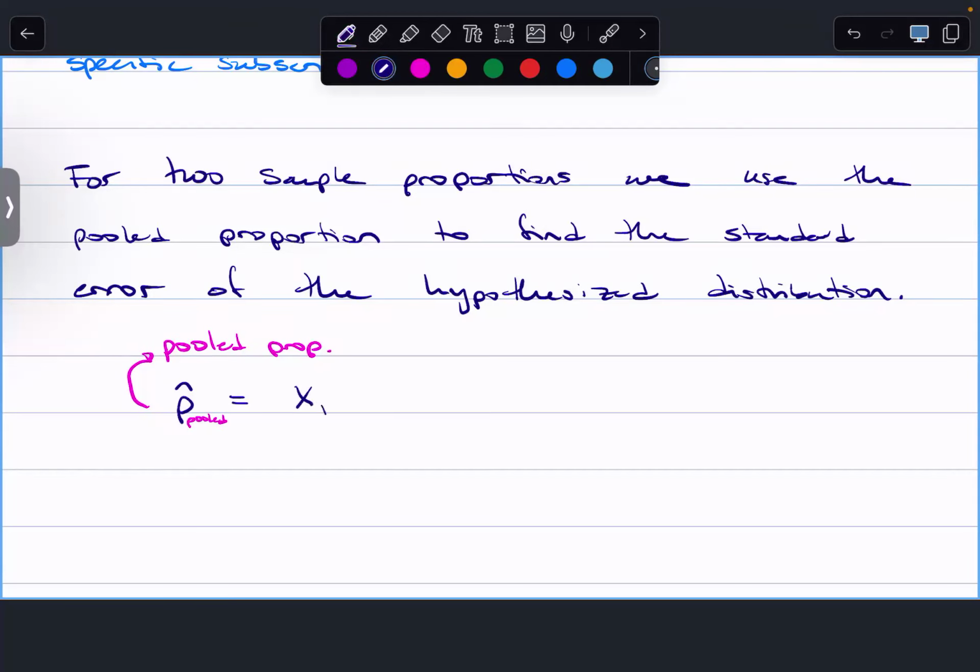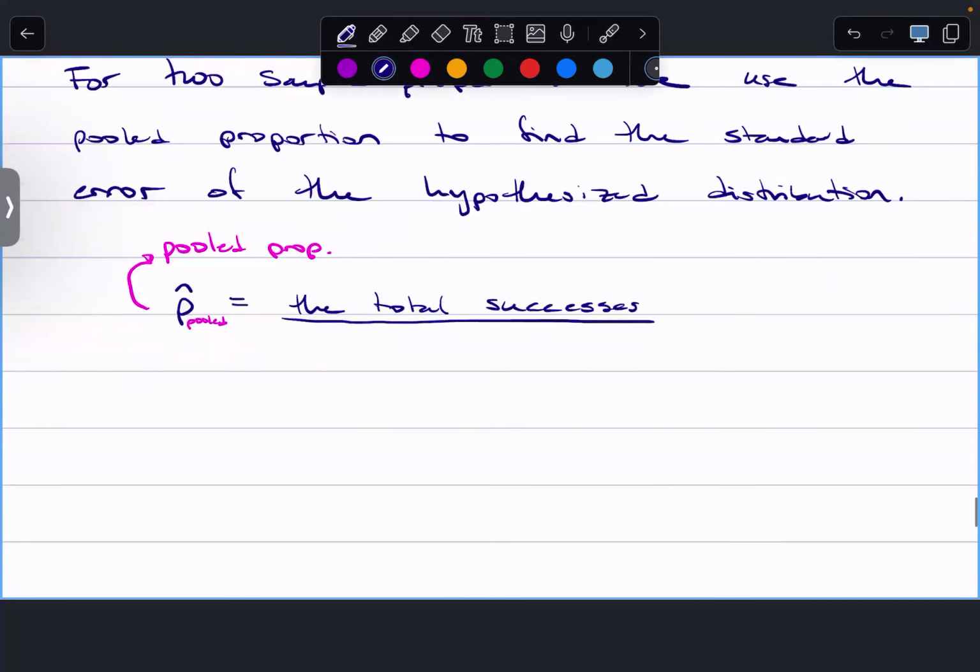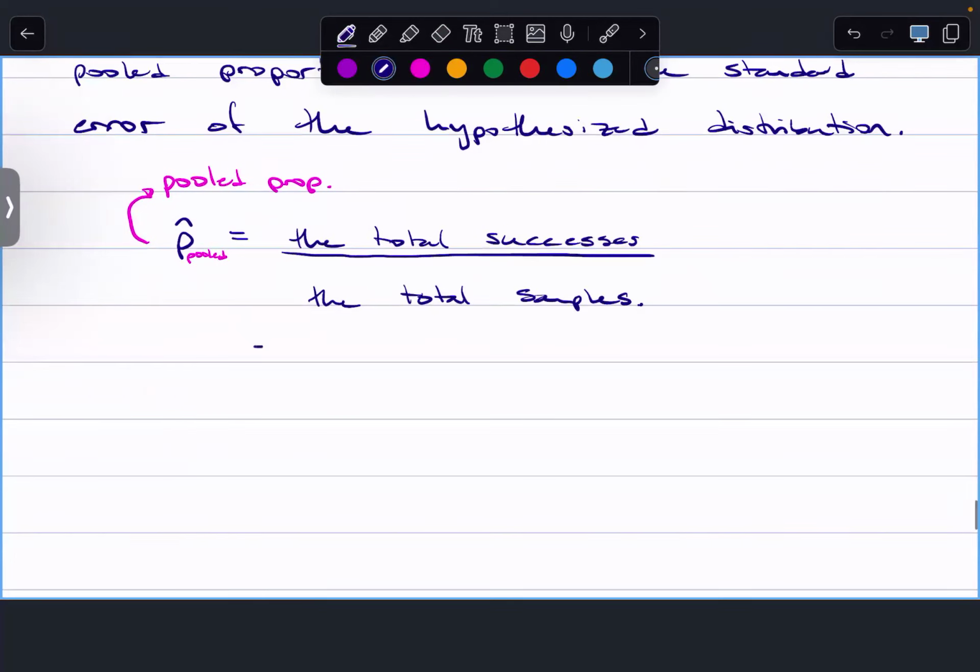I guess I should write it in words first: the total successes over the total samples. One way that we could do that is x1 plus x2 over n1 plus n2, right? And so that's going to be your p hat, your pooled proportion.